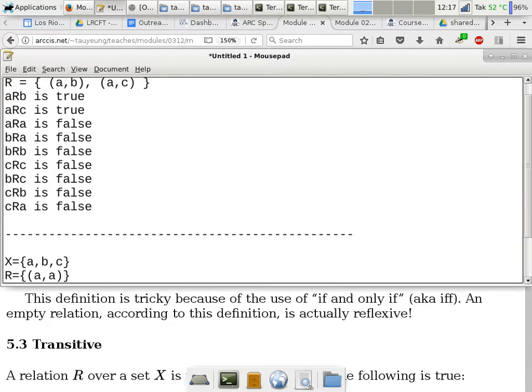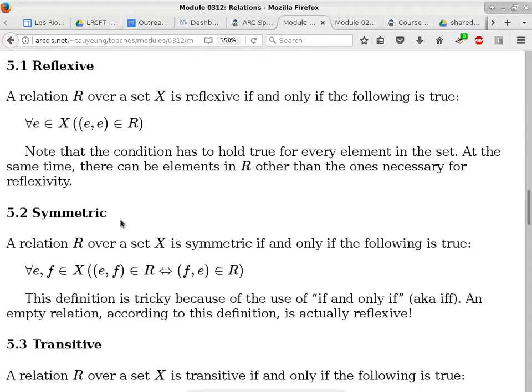Is R reflexive as it is defined right now? A relates to itself, so is the relation itself reflexive? Let's read the definition of being reflexive again. If the definition of reflexive were "there exists" instead of "for all," then that particular R would have been reflexive.